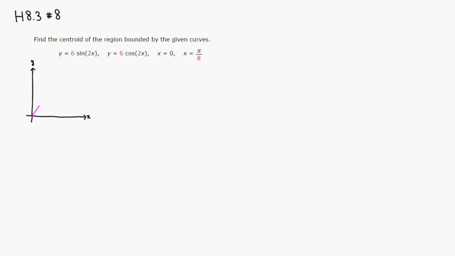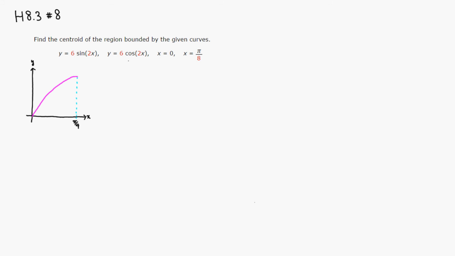And for the sine of 2x, it's going to be at pi over 4. So this is going to be right here, when it's pi over 4.